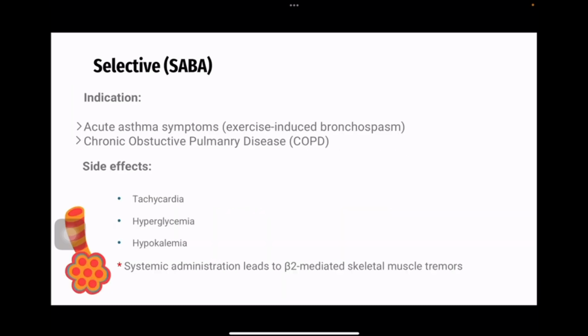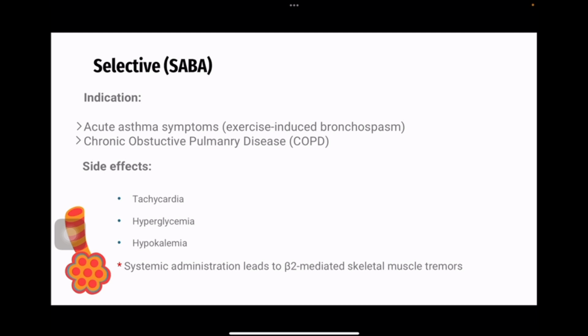The uses: we use it in acute asthma symptoms, while the patient exercises and has a bronchospasm attack. The second one is chronic obstructive pulmonary disease.